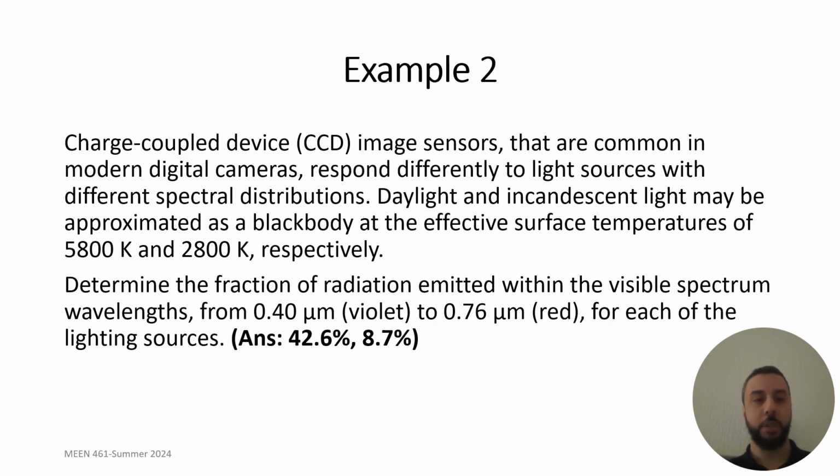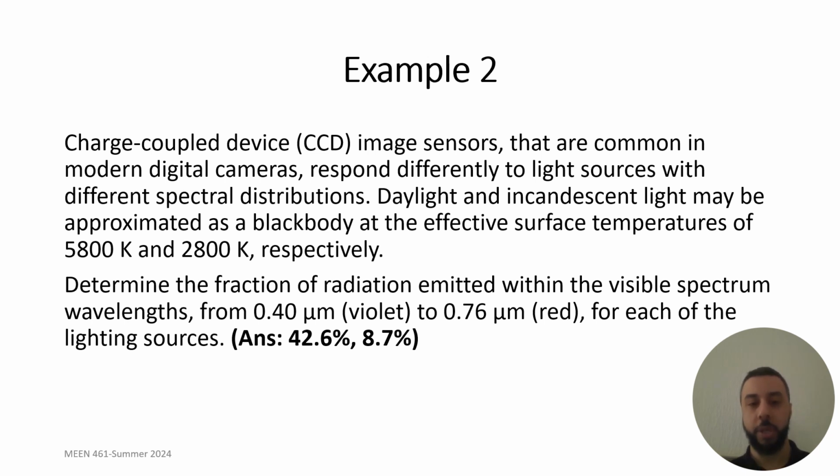Yeah. So charge coupled device image sensors that are common in modern digital cameras respond differently to light sources with different spectral distributions. Daylight and incandescent light may be approximated as a black body at the effective surface temperatures of 5800 K and 2800 K respectively. Determine the fraction of radiation emitted within the visible spectrum wavelengths from 0.4 micrometers to 0.76 micrometers for each of the lighting sources.